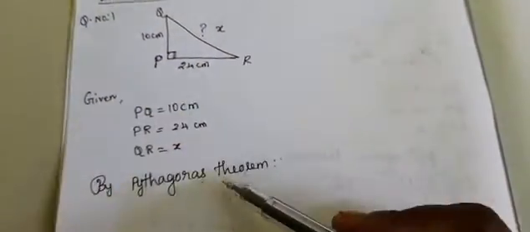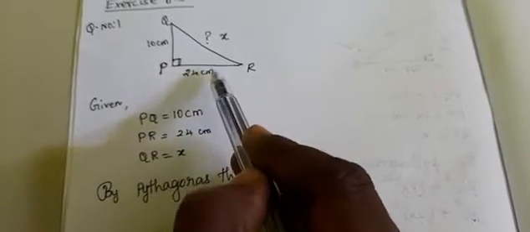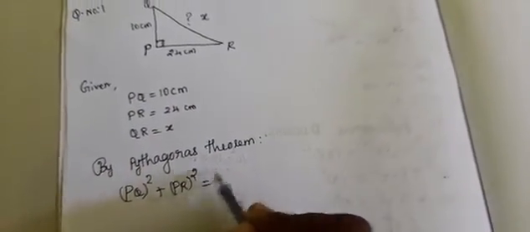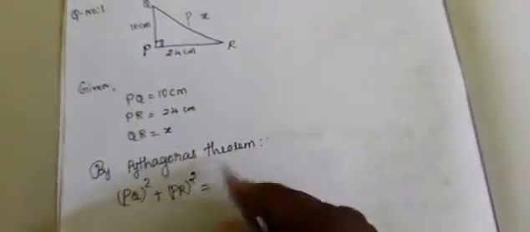Okay, so what is the Pythagoras theorem? If you square and add these two sides, that is equal to the square of the third side. So let us add PQ square plus PR square, that is equal to QR square.